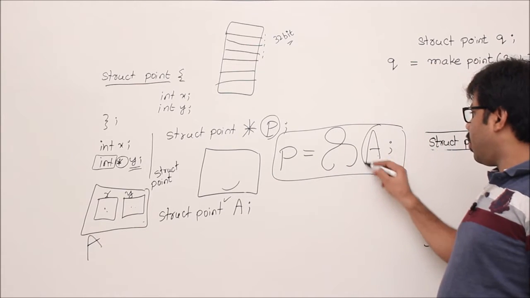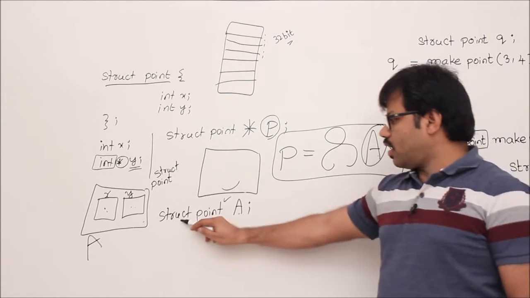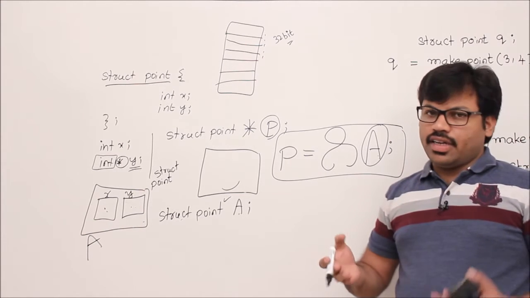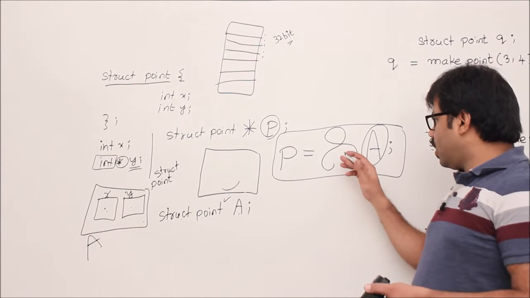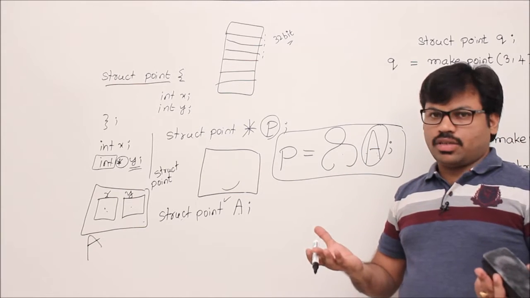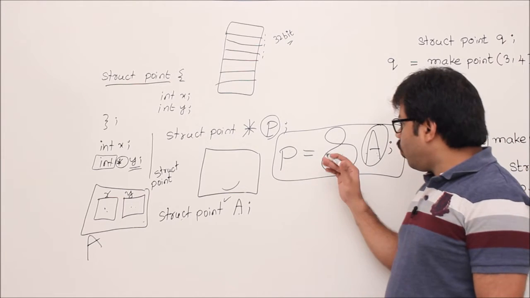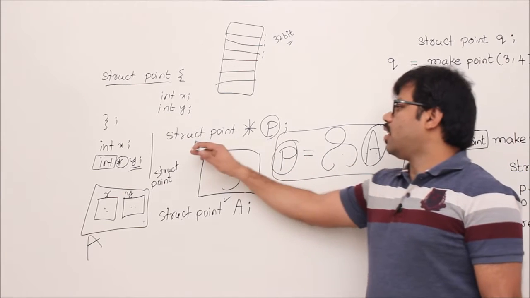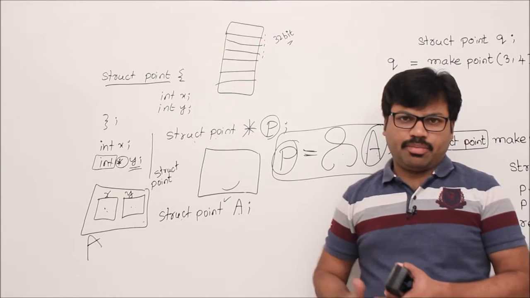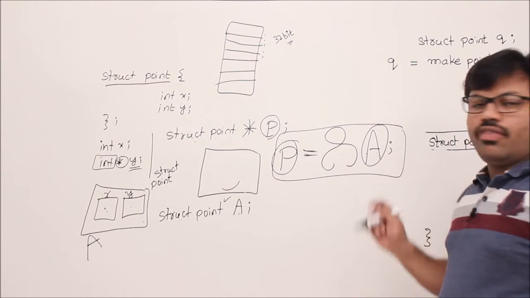What is the data type of a? See, a is a struct point kind of data type. And what is the address of that one? Address of struct point is nothing but a pointer to struct point. And who is capable of holding it? Struct point pointers. That's why this is a very well legal statement: p equal to address of a.